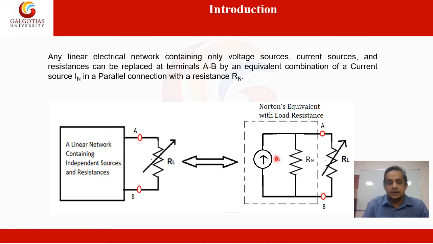Here we convert all the circuit except load resistance into one current source in parallel with Norton resistance, and after that we connect the same load resistance where we calculate the current, voltage or power. Now come next.